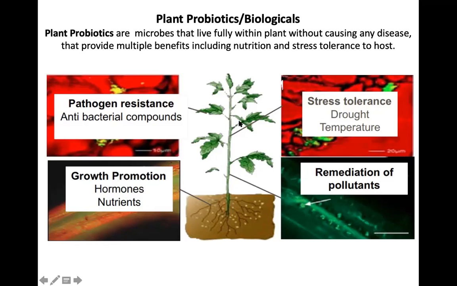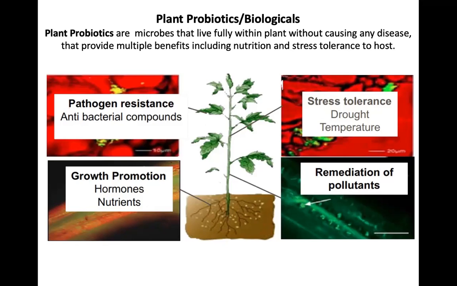So association with plant probiotics can help the plant to tolerate those stresses. Here you can see a tomato plant. Here you see lots of probiotics; these dots are probiotic microorganisms living in the rhizosphere, that means the root zone, and also on the phyllosphere. What can be achieved?